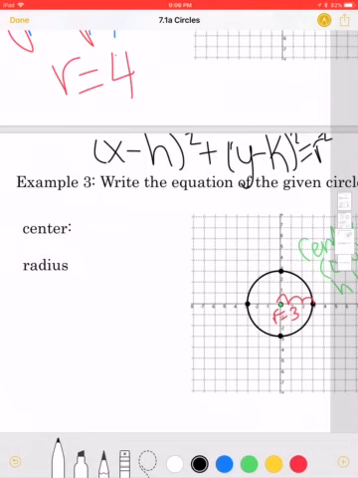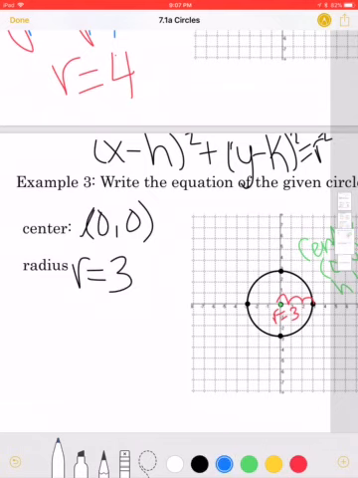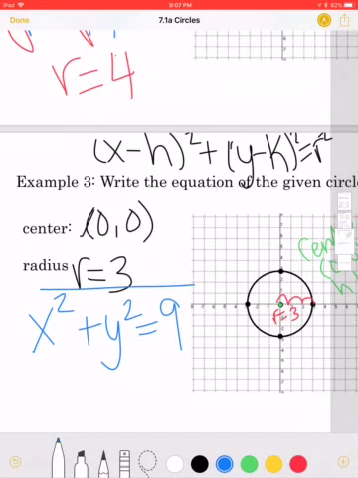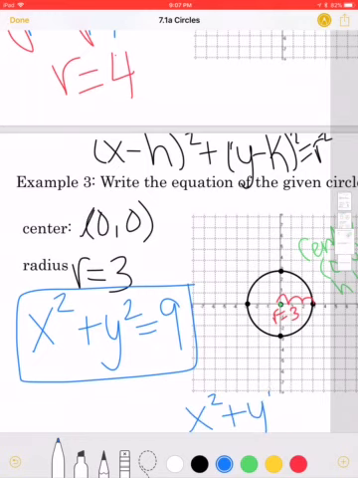So our center is 0, 0, and our radius is 3. Since the center is 0, 0, it's just going to be x squared plus y squared equals r squared, because h and k are both 0, and 3 squared will be 9. So that's the equation for this. Remember, any circle that is centered at the origin will always be in the form x squared plus y squared equals r squared, because h, k is 0.